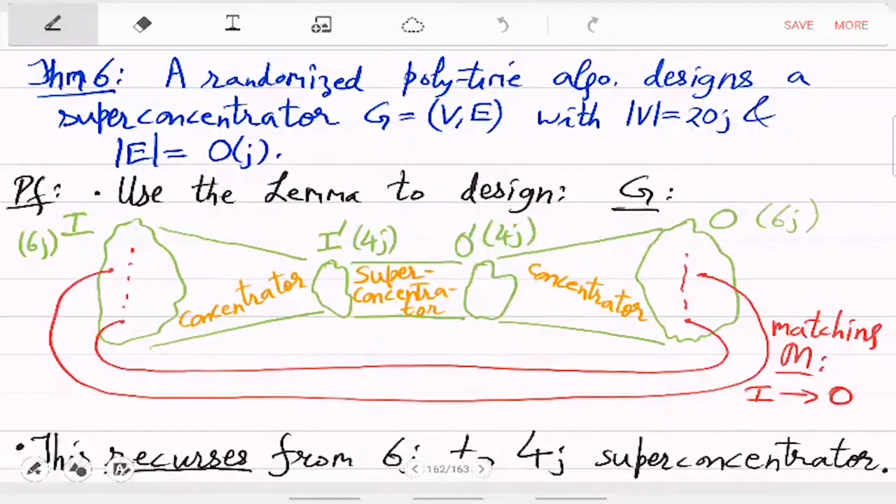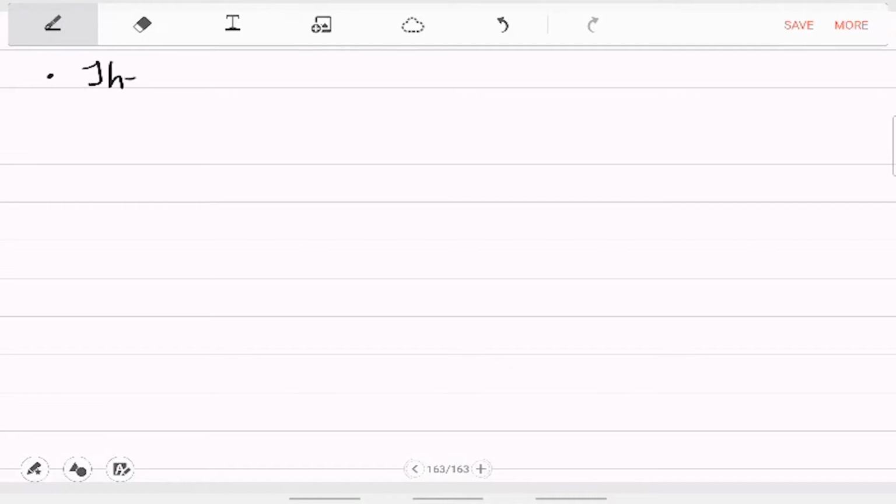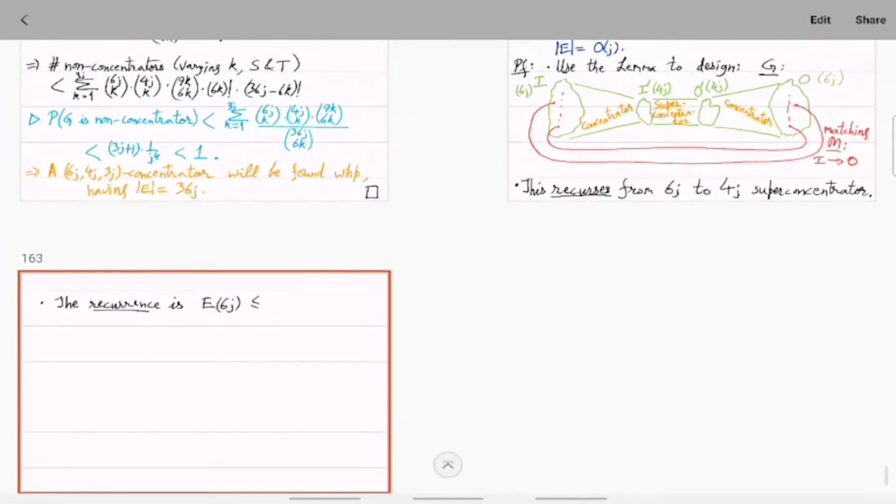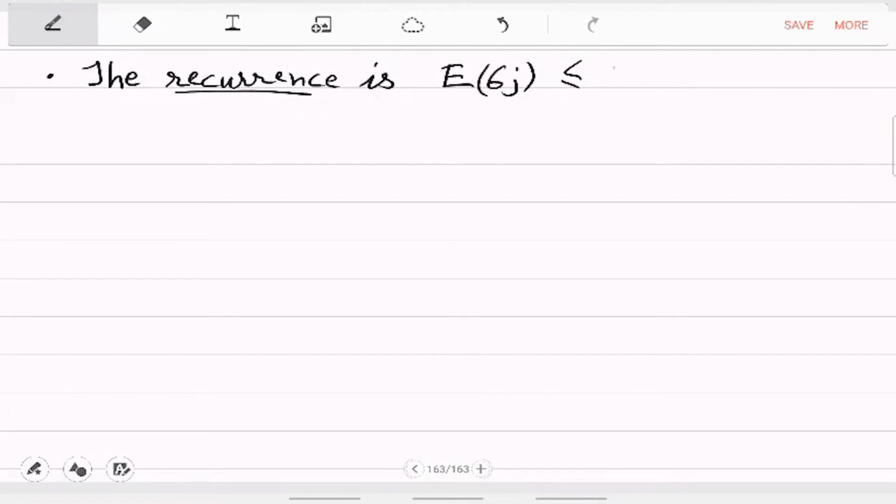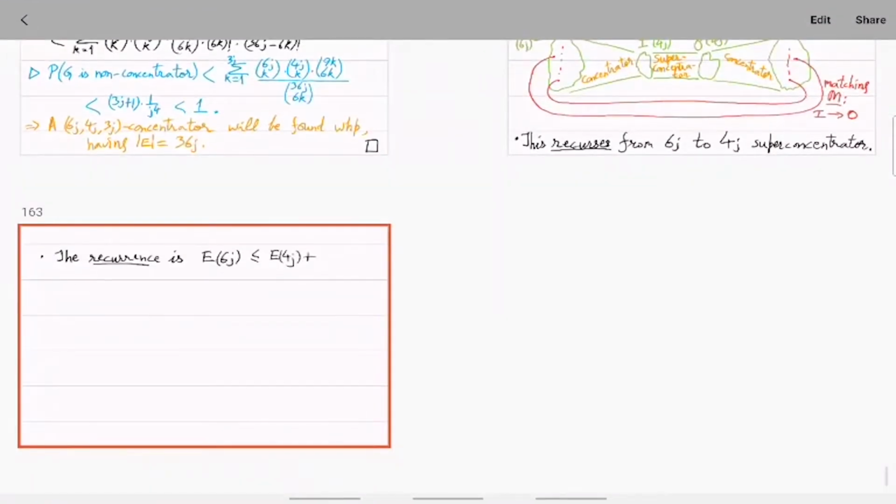Let us just finish this proof. So, the recurrence is: the number of edges needed for 6J concentrator is the number of edges needed for 4J concentrator, plus how many more edges are needed?